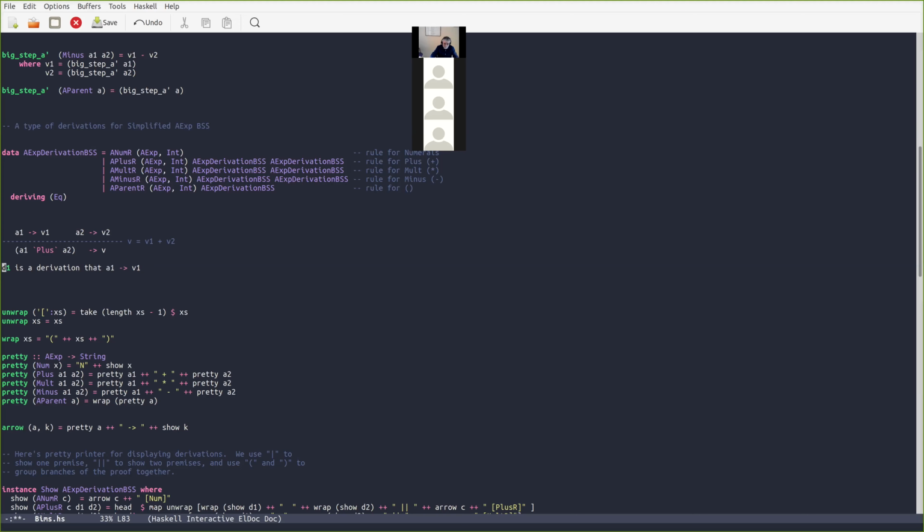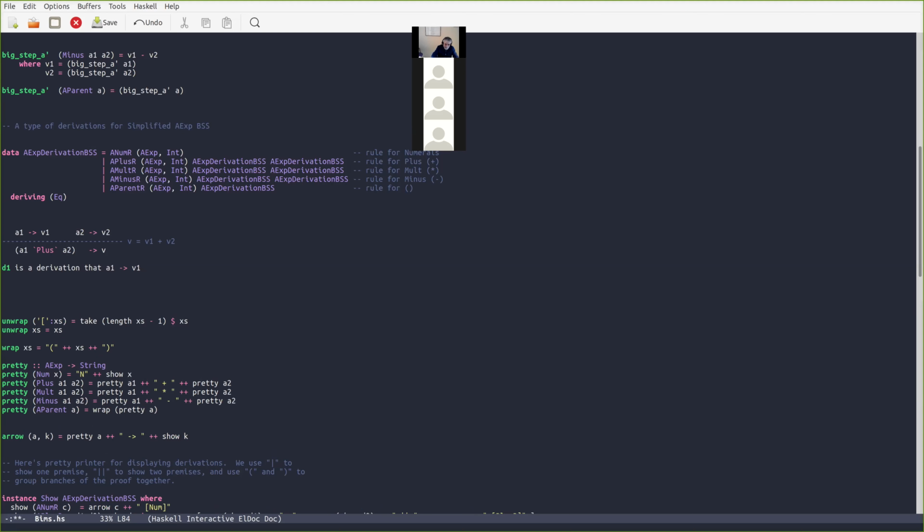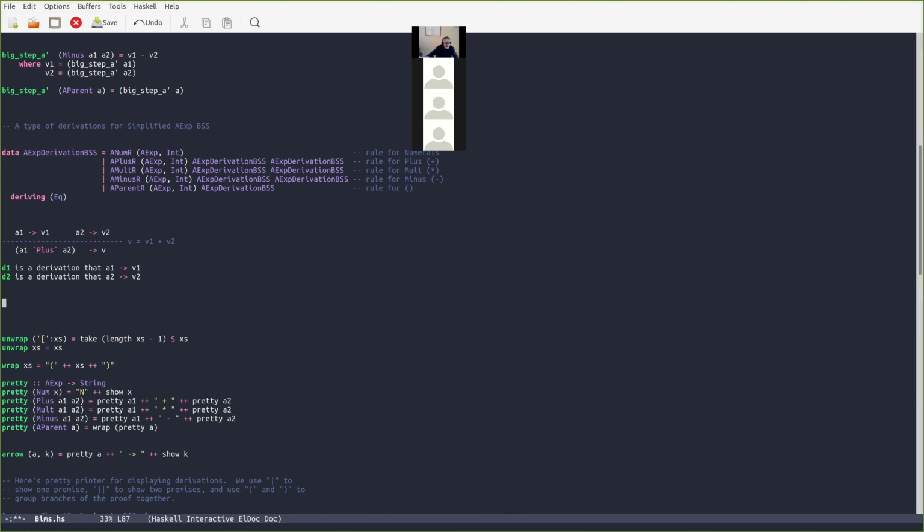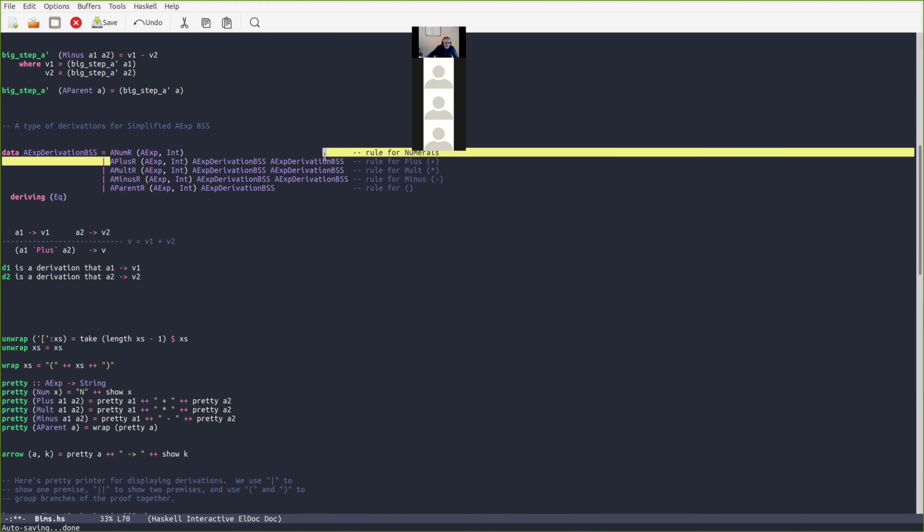And suppose that D2 is a derivation that A2 goes to V2. Then what does the proof rule for A plus R look like?